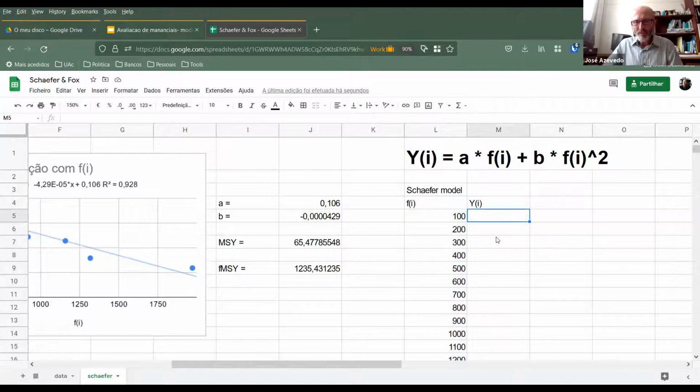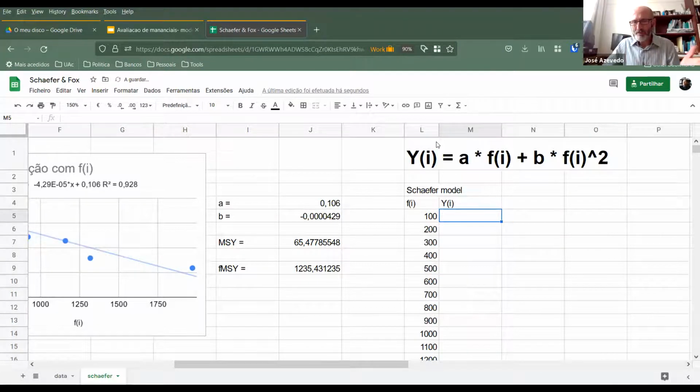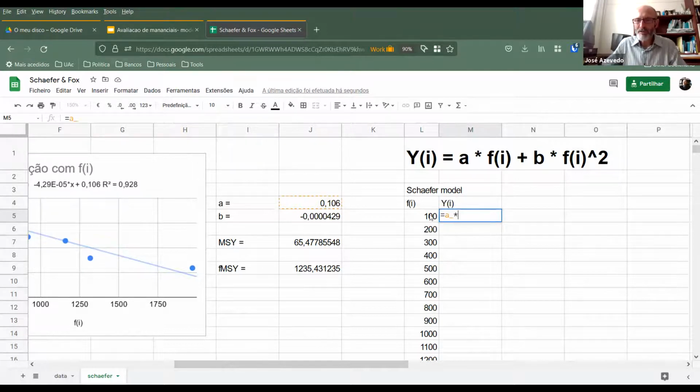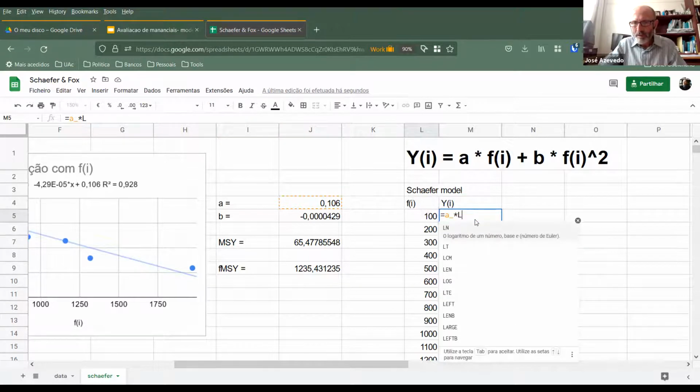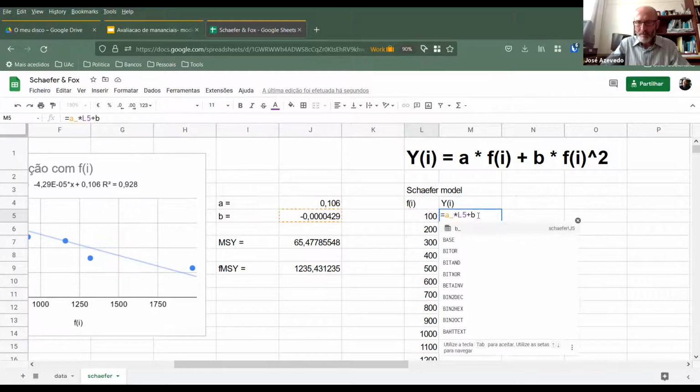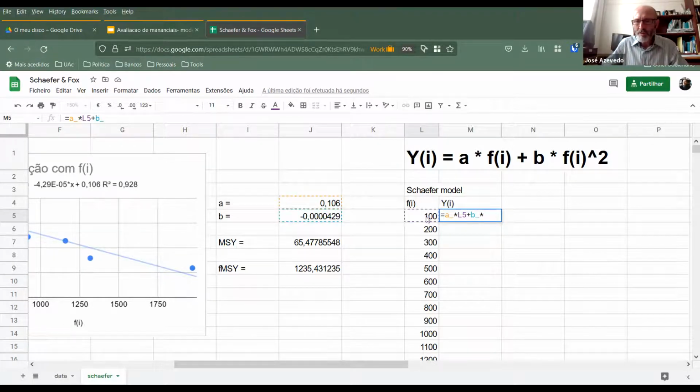To look at the model, you give it a range of X values, and then you calculate the Y values using this formula. So it would be A underscore times the fishing effort, and you add B times fishing effort squared.